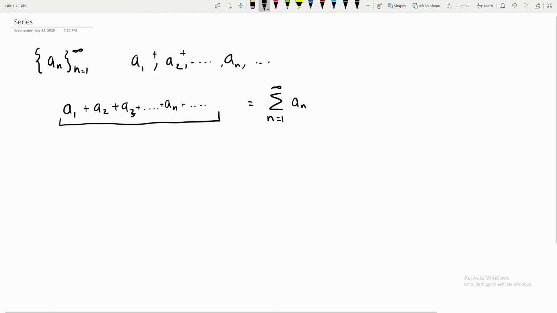Another way that we could write this series in this unit is just sigma a_n, because it's common to have these bounds from n equals 1 to infinity, so we can shorthand it. Now this right here is called an infinite series, or just a regular series, and we're going to be talking all about convergence and divergence of these series and a few other popular series that we're going to see all throughout this unit.